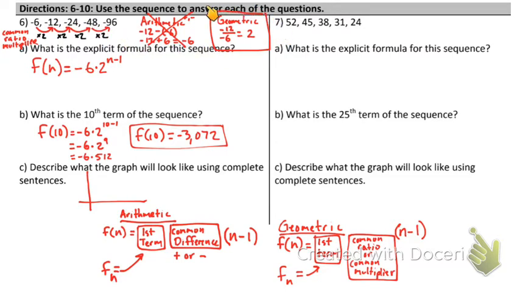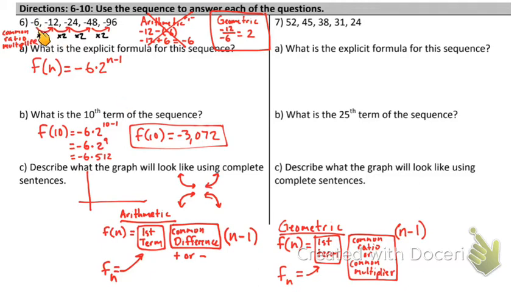We already know from previous Zooms that geometric is going to be some type of curve, an exponential curve. So they can look like this, like this, upside down, right side up. It can be any one of these curves, okay? So which one do I have?